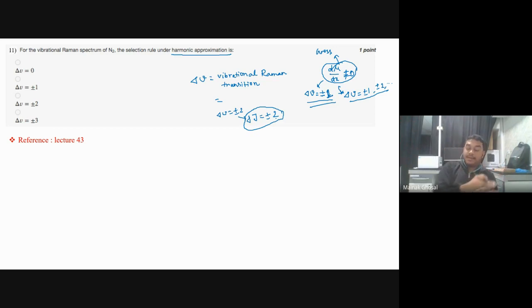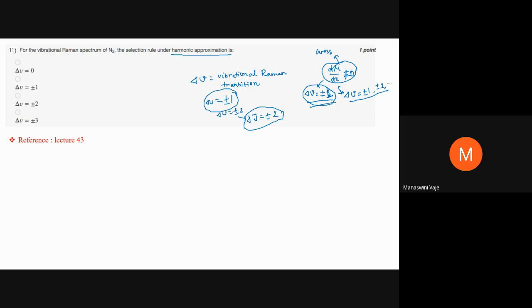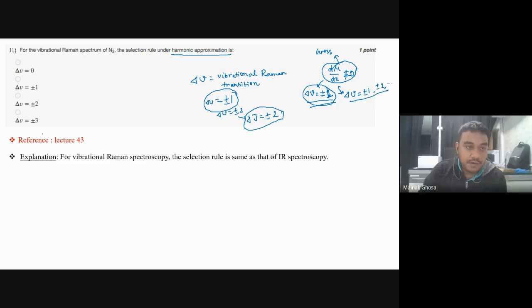But your vibrational transition will follow the same rule as the initial vibrational transition, which under the harmonic oscillator approximation is delta V equals plus minus 1. So for vibrational Raman, the selection rule is the same as the vibrational harmonic oscillator: delta V equals plus minus 1.